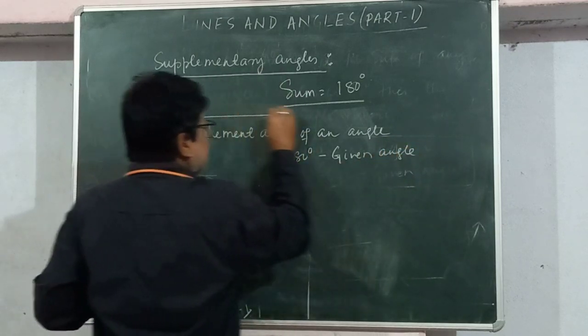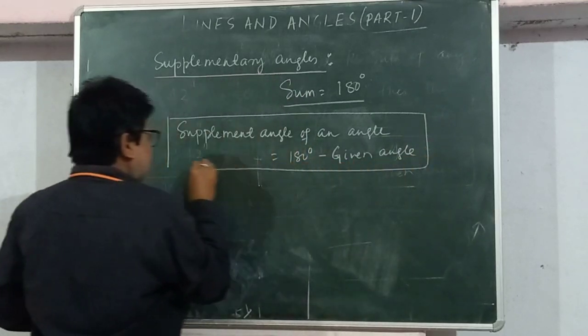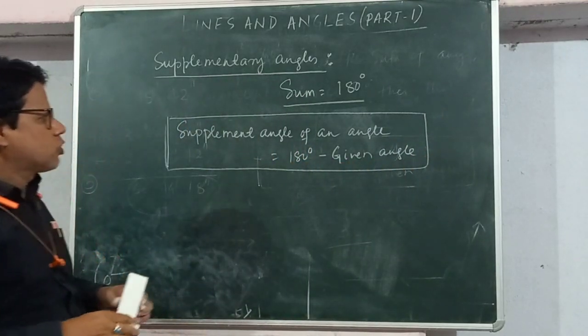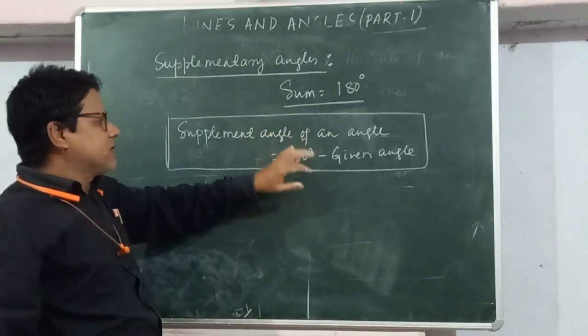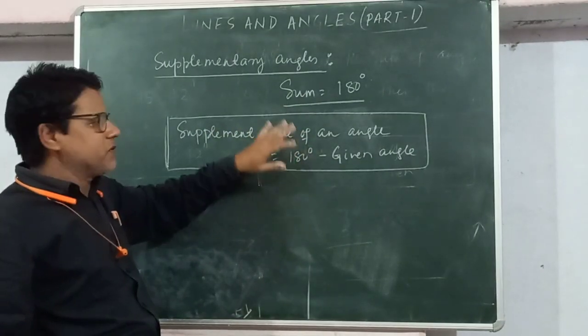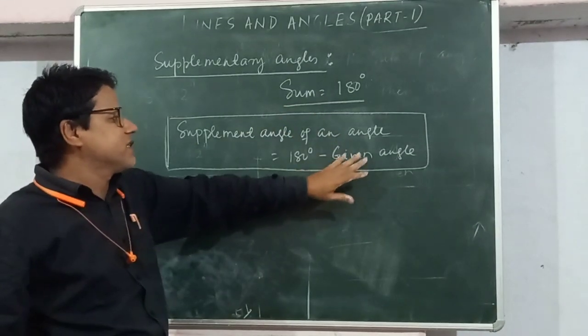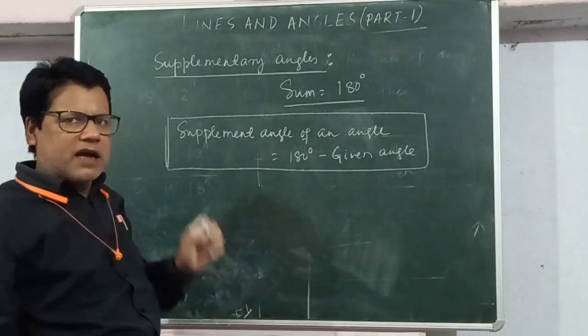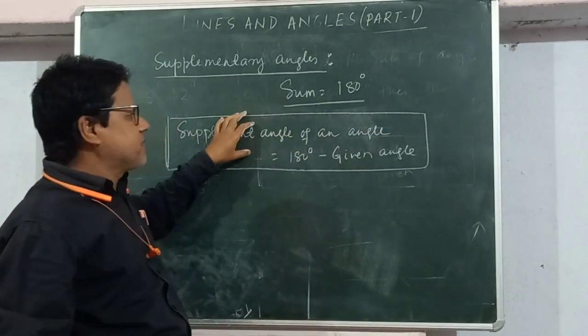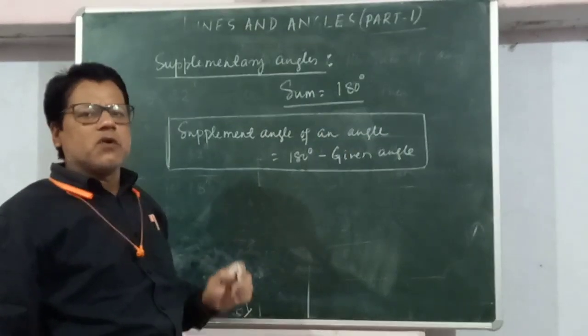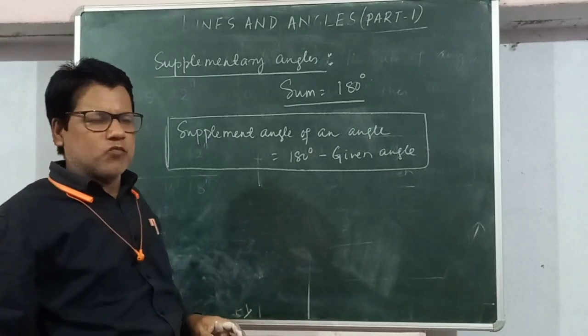So when we calculate the supplement angle, we have to use this formula. The sum of an angle and its supplement angle is always equal to 180 degree.